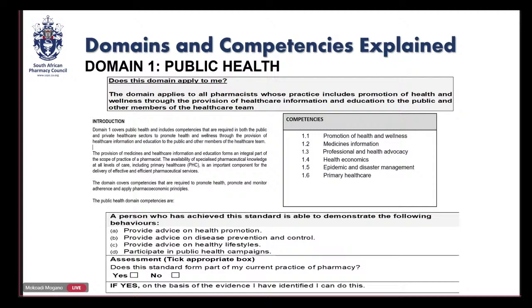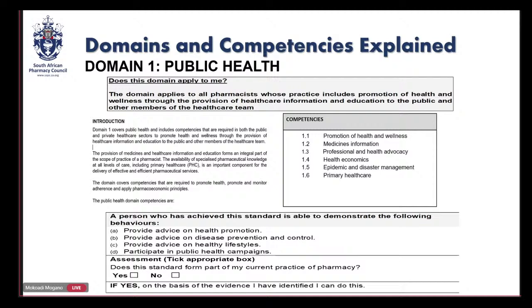All right, so the domain has competencies, as you can see on the right hand side there in the table. Those are competencies that are related to domain 1. The first competency is 1.1, promotion of public health. So you will see if this domain or competency applies to your current area of practice, and if it does, you may select it to capture or record your CPD activity.